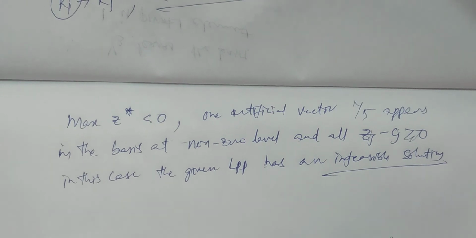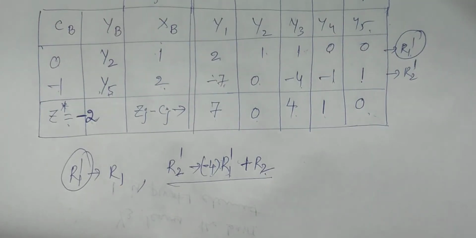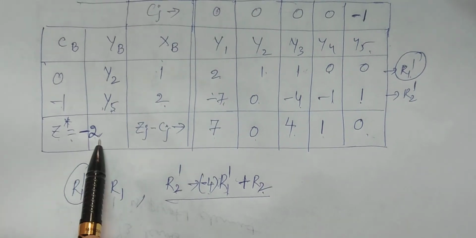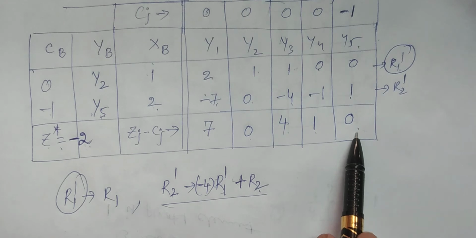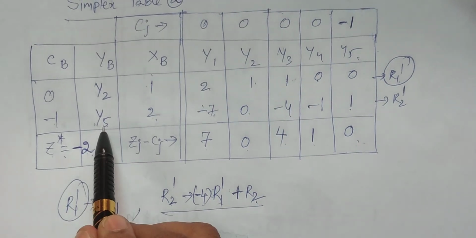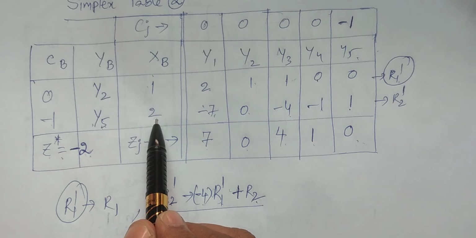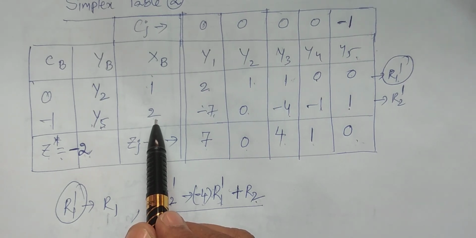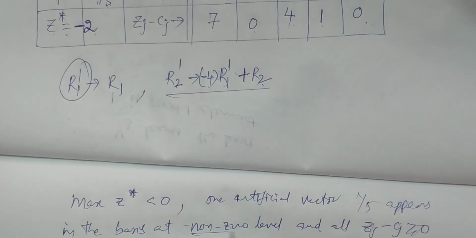So when you study the case, you have to see the Z star value and all net evaluations, and you have to see the level, which we can call non-zero level or positive level, and 0 level. There are two particular cases you may get. In the case of non-zero level, you can also write positive level.